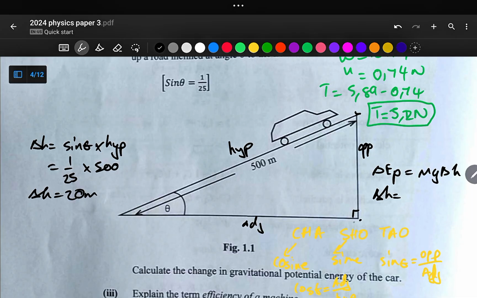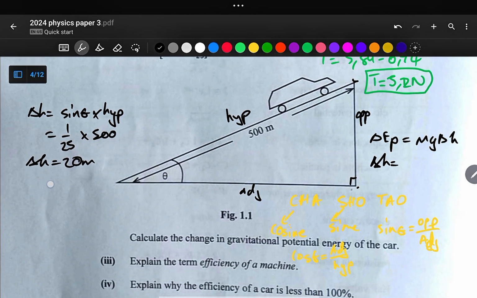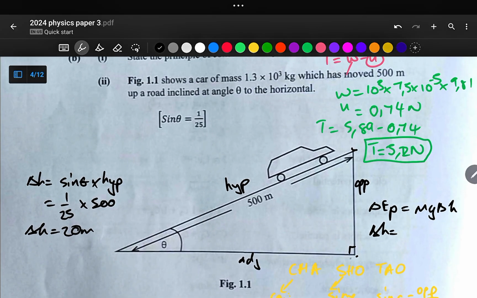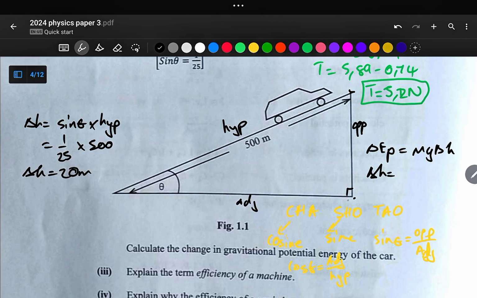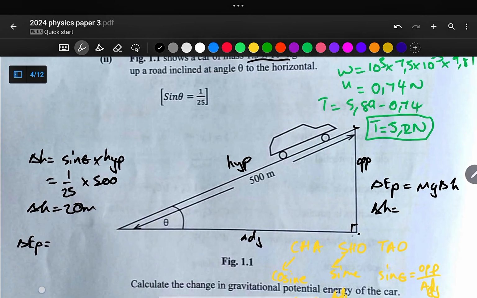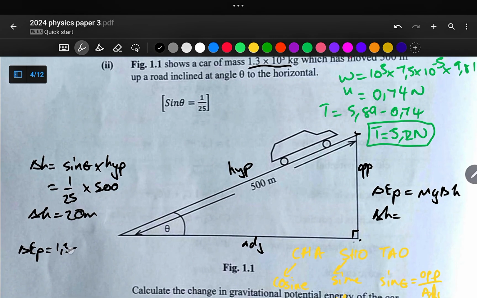And we are also required to calculate the change in gravitational potential energy, given the mass, the change in height, and also the acceleration due to gravity, or the gravitational field strength. So the change in gravitational potential energy, EP, is equal to the mass of the car, 1.3 times 10 to the power 3 kg, times 9.81, the gravitational field strength, multiplied by 20 meters, okay?